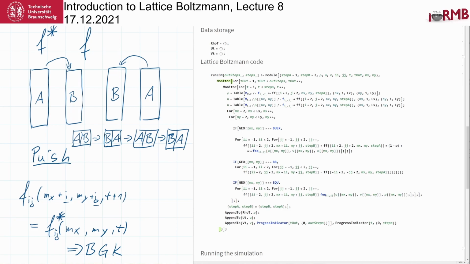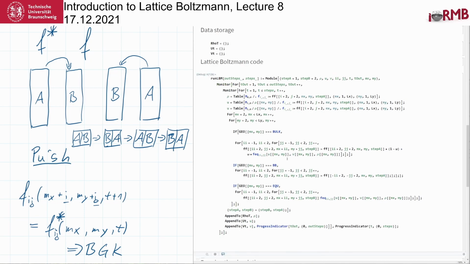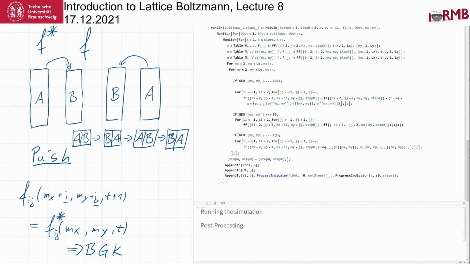So let us see whether this actually works. I'm not sure about these brackets. Okay, let's save it. It states that the brackets are okay. So if this now works, then it's our Lattice Boltzmann code. We'll try to run it only for a few time steps now.